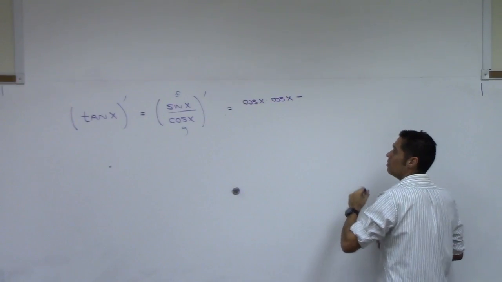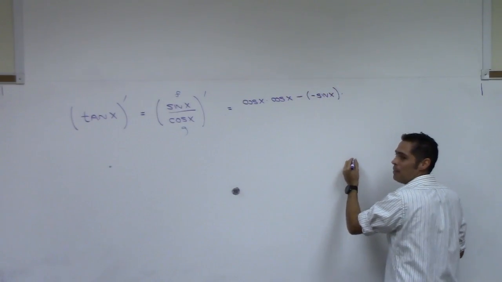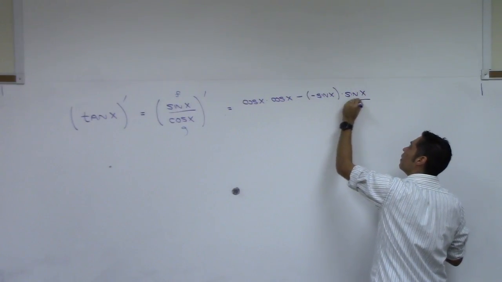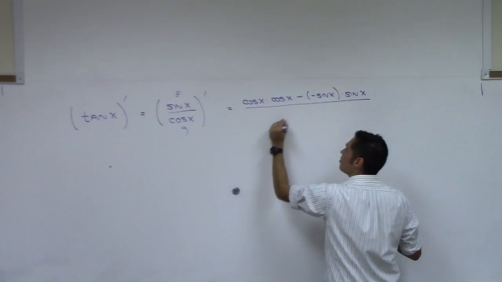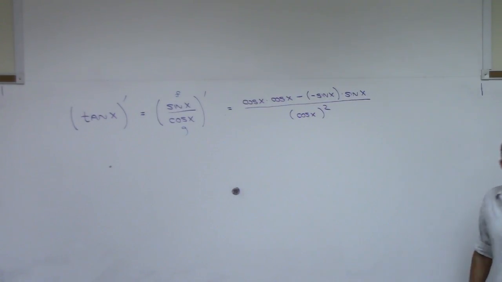Derivative of g, which is negative sine x, and then times the top, which is sine x, all over the bottom squared, cosine x, that quantity squared. That is the quotient rule on that, isn't it?